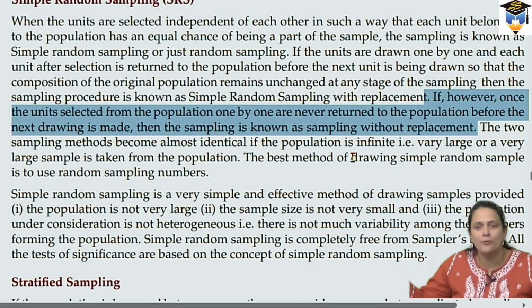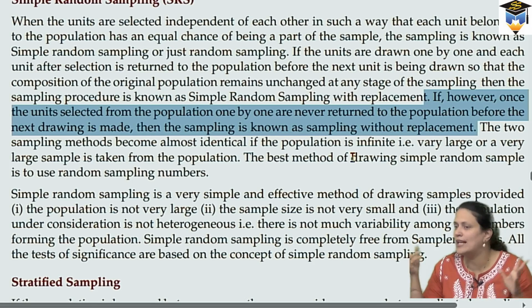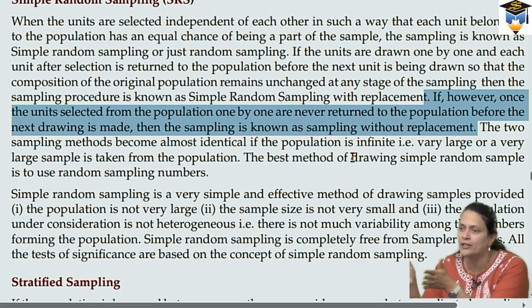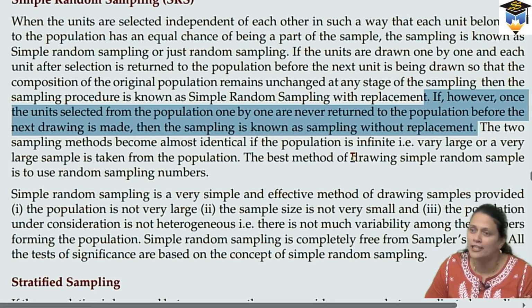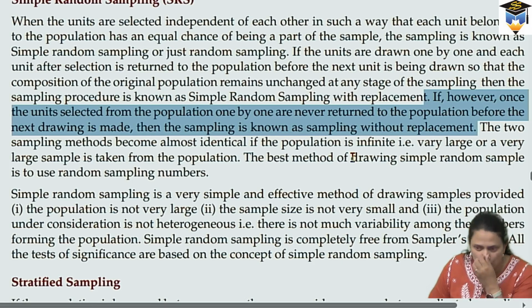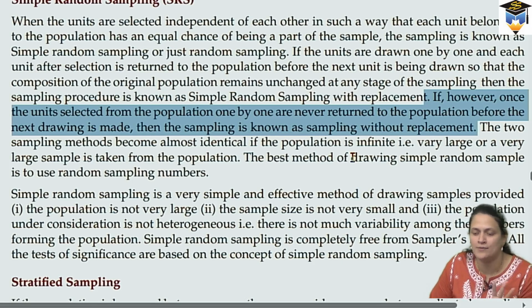For a large population, is this easier? No, because if somebody says that I don't want to be a part of this particular sample, then again I have to do the sampling. Then it becomes tedious. So the best method of drawing a simple random sample is to use random sampling numbers.